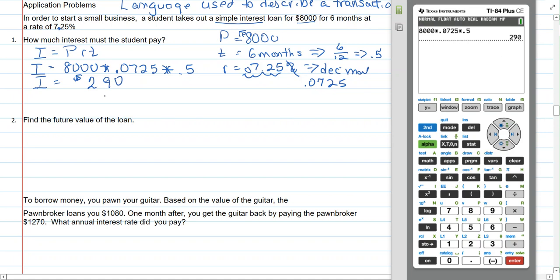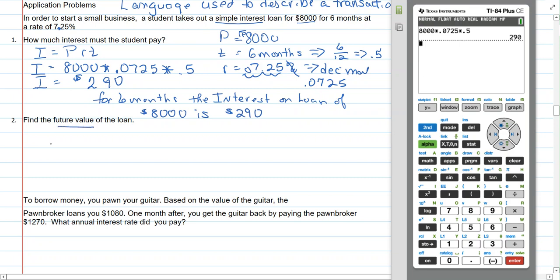So we know that for 6 months, the interest on the loan of 8,000 is $290.